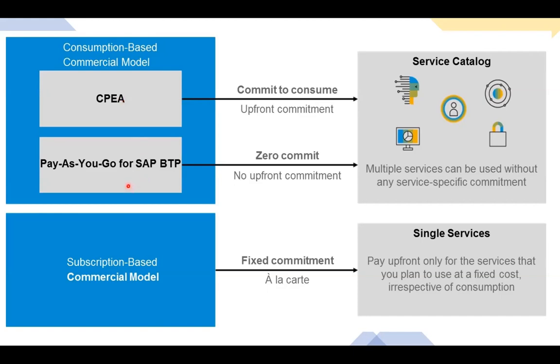With pay-as-you-go, you put your money in and consume, pay for it, then just stop it. You will not have any commitment here. Whenever you stop paying, all your services will be stopped.